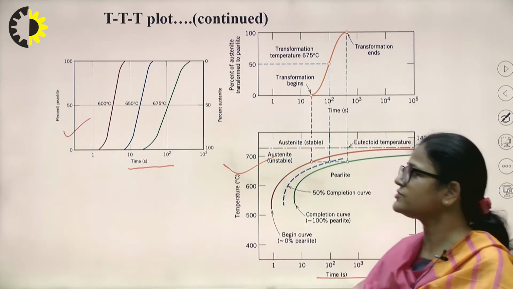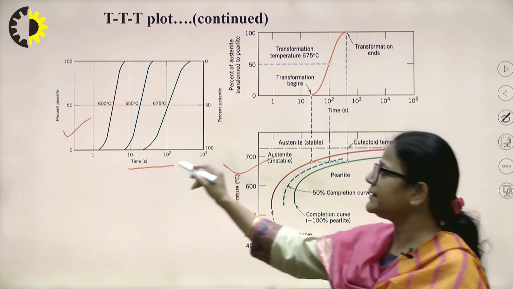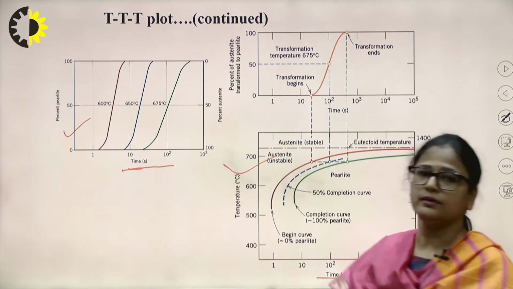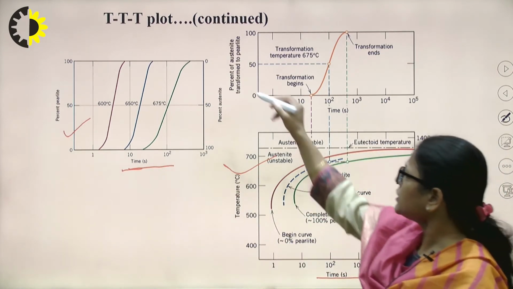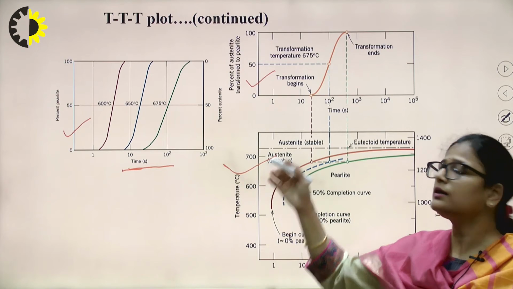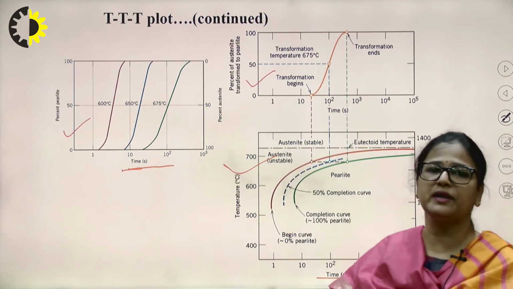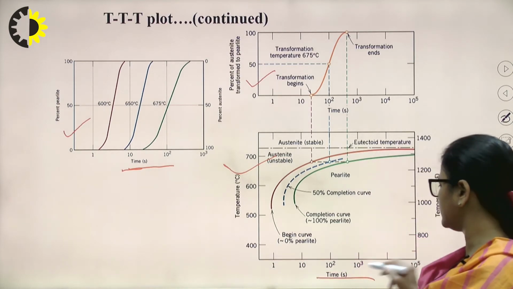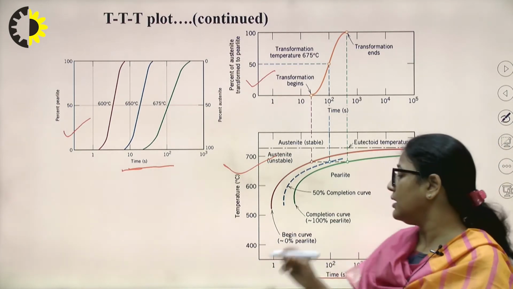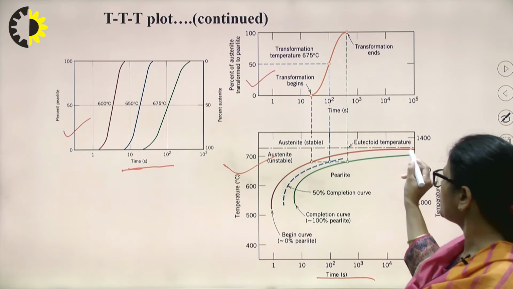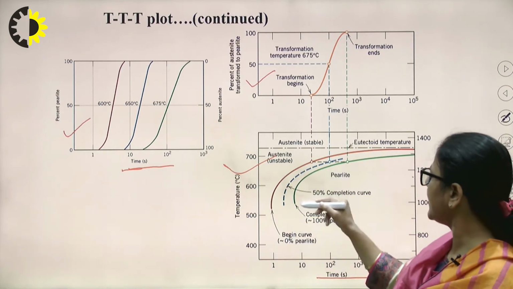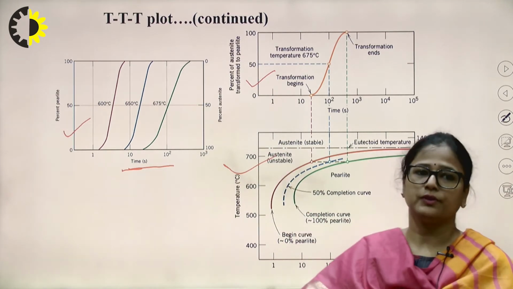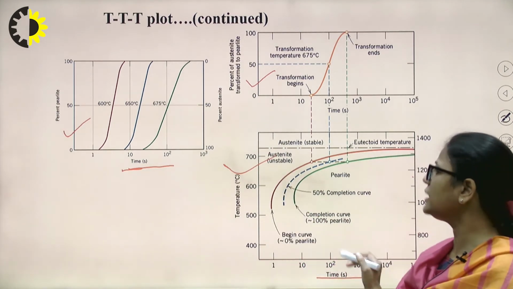First, at various ranges of temperature, we get the data of percentage transformation of pearlite at a particular duration of time. Then this top figure is showing how the data is transferred into the TTT diagram. The vertical axis is showing the temperature, and the horizontal axis is showing the logarithm of time, and these two solid curves, red curve and green curve, are plotted by the data of transformation with respect to time.